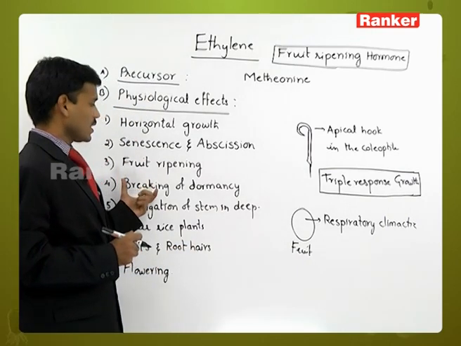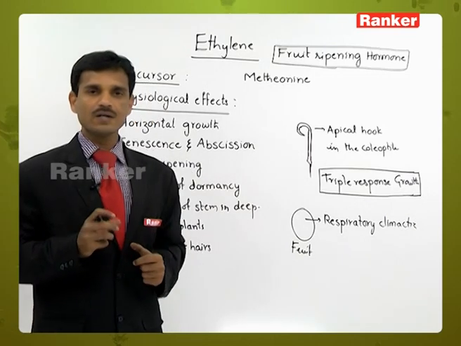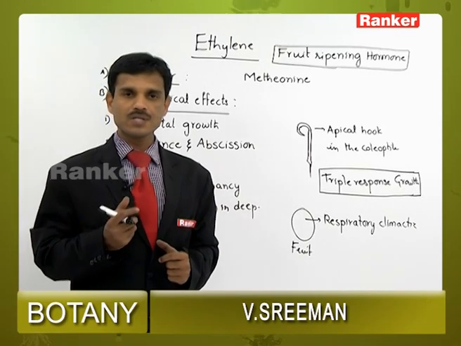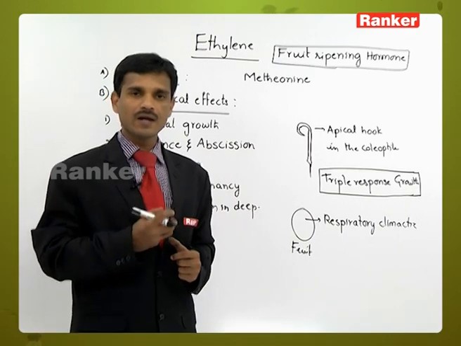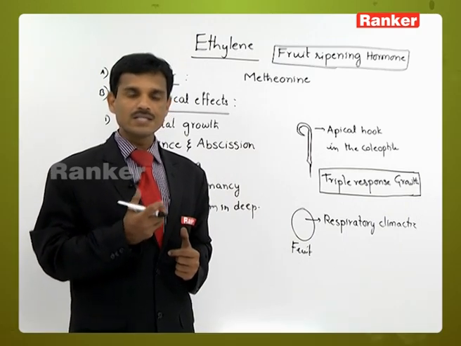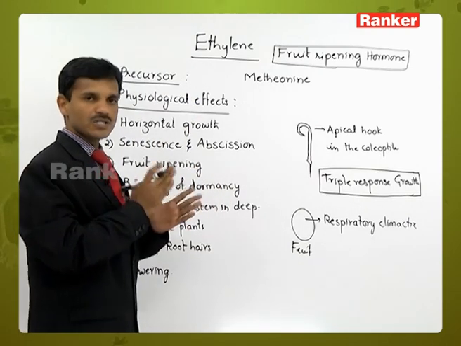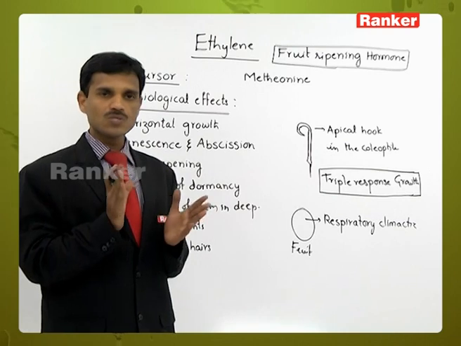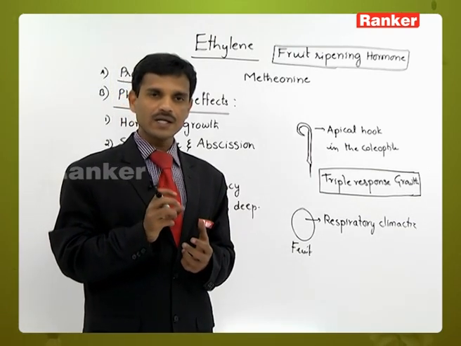Next, breaking of dormancy. Dormancy is a resting stage. Sometimes after harvesting, seeds cannot germinate immediately. Between harvesting and germination, a gap period is present, and the seeds take some rest.